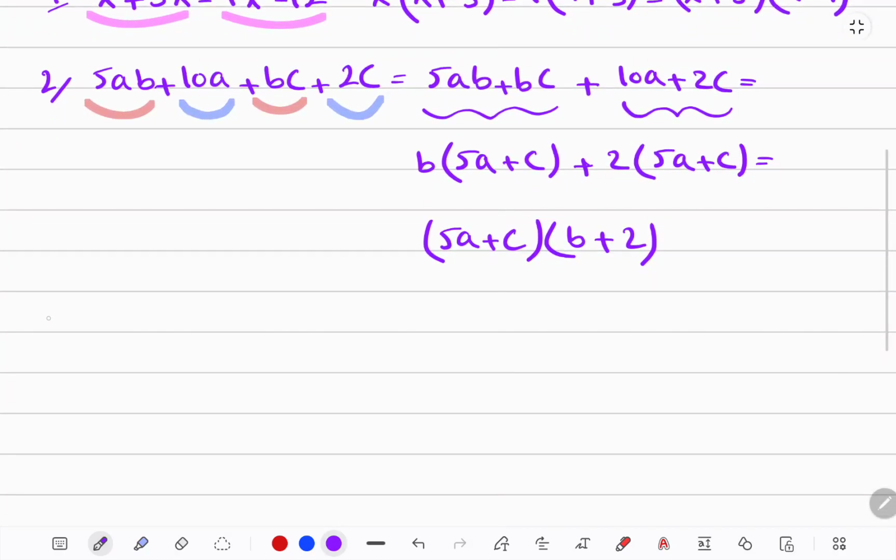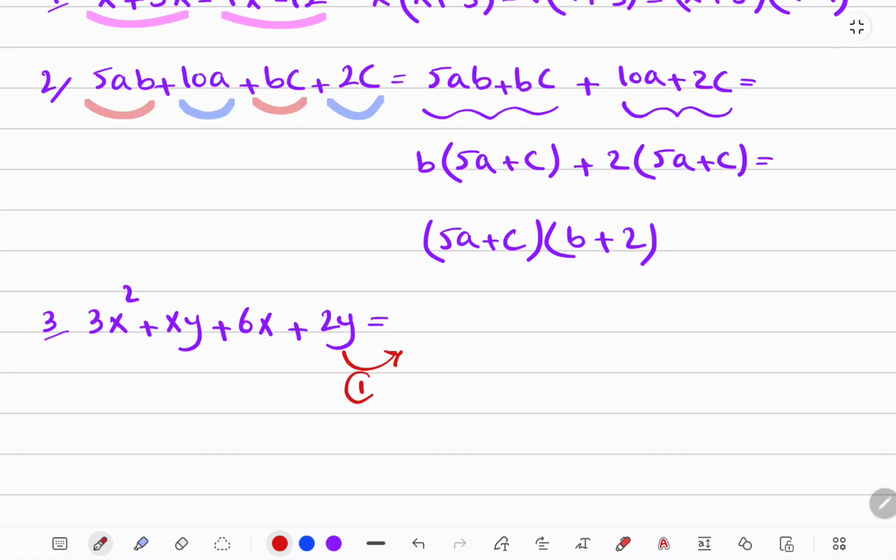And how about the last example? 3x squared plus xy plus 6x plus 2y. For this question, I want to use two different groupings.